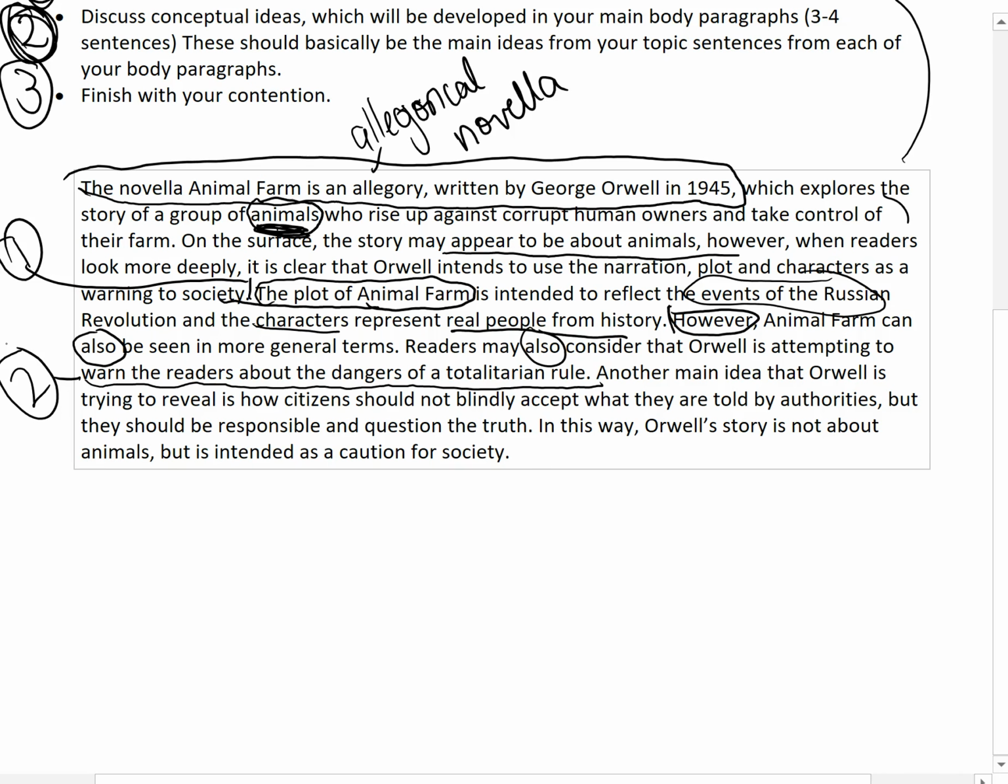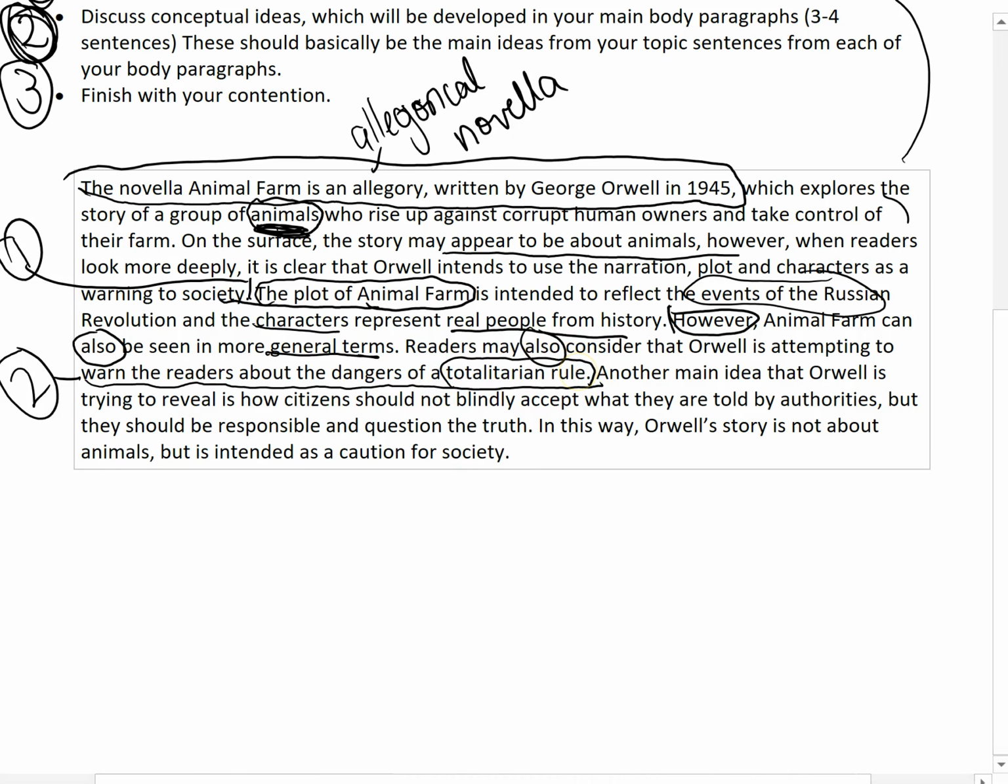So I would imagine that this student will be writing the first body paragraph about how Animal Farm connects to the Russian Revolution. But the second one, more general, the second body paragraph, I'm imagining that this student's going to write that it also shows the dangers of any totalitarian rule.